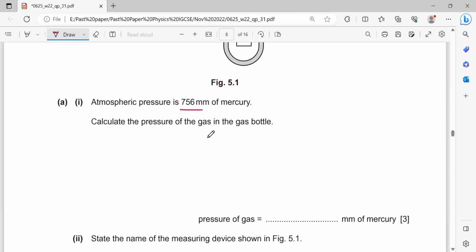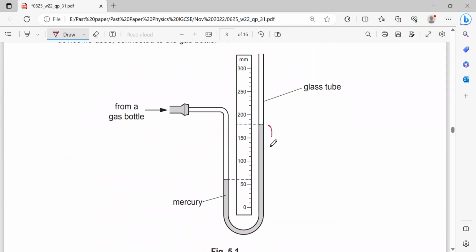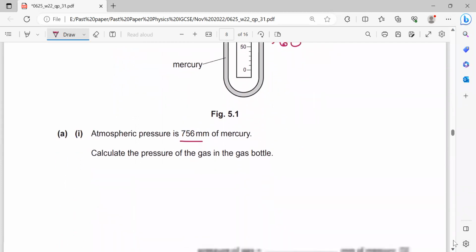So 756 millimeters, and then we need to find the height. This one is 180, and this one is 60. So 180 minus 60 equals 120.